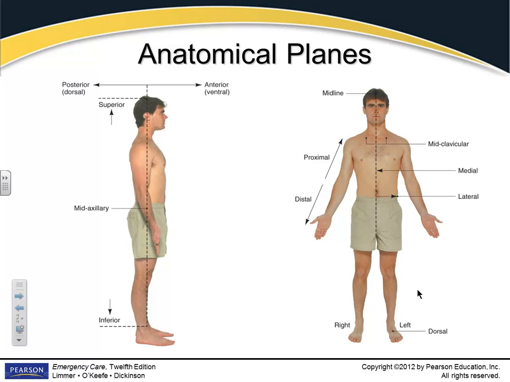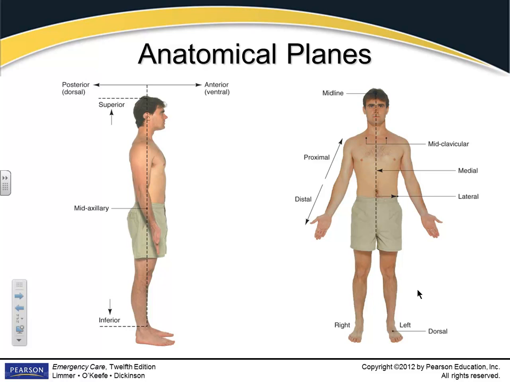Other terms for those: dorsal, the back, and ventral is another word for anterior. Oh, I have another one. Show us your mid-axillary. I know that's going to be embarrassing because we don't know what that is, right? Don't do anything that's going to embarrass you, because you can do this without embarrassing any of us.